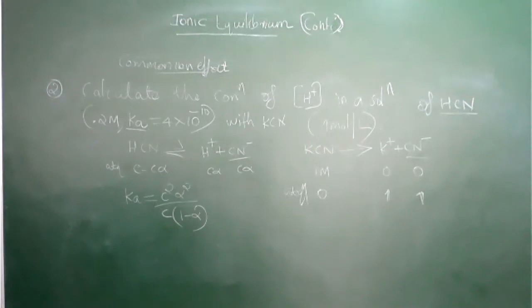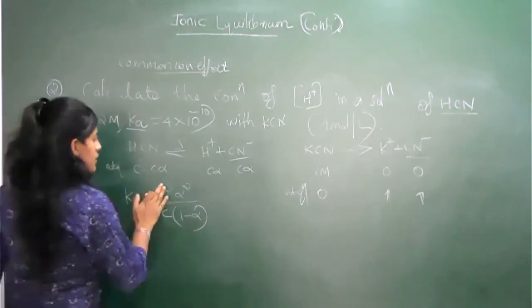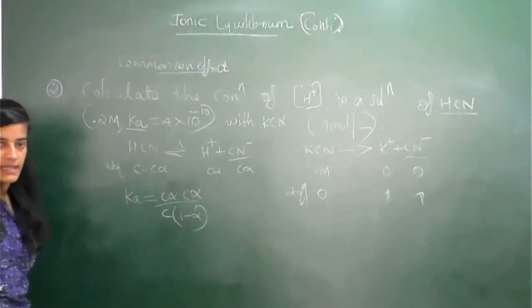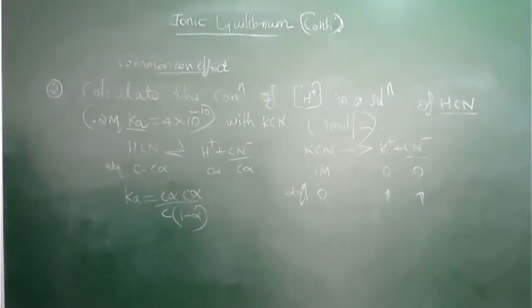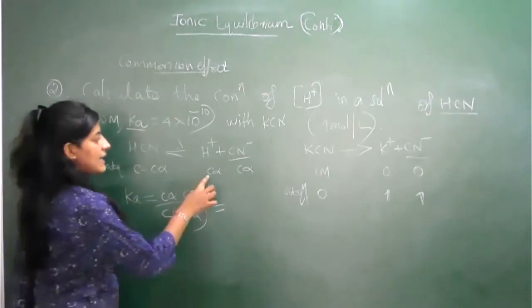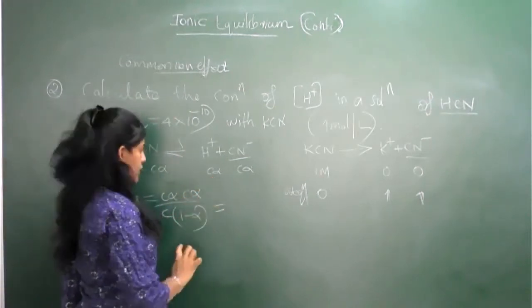How will we find out the equation? Look, students, C alpha is the representation. Here the H plus ion concentration is C alpha.